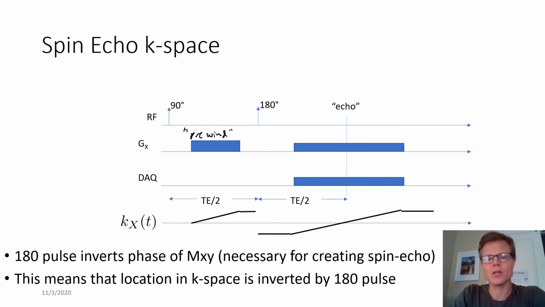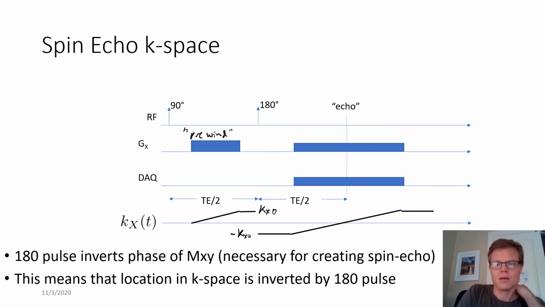The way we look at this in the k-space perspective is that since the 180-degree pulse inverts the phase of the transverse magnetization, and k-space is in this phase term of the transverse magnetization, the location in k-space is inverted by the 180-degree pulse. So if we're at some value kx naught before the 180-degree pulse, afterwards we're going to be at the opposite location, negative kx naught.